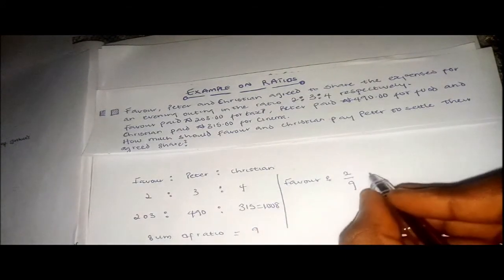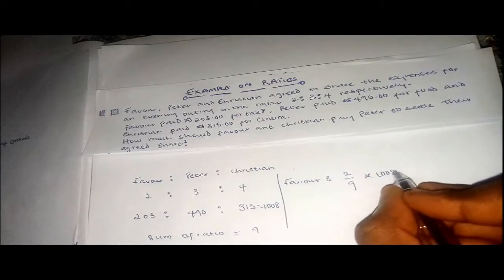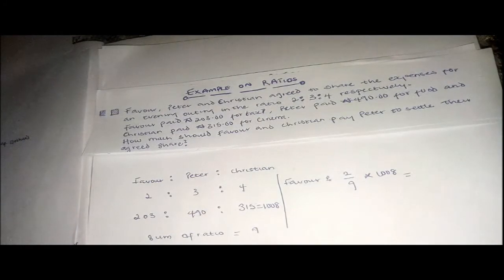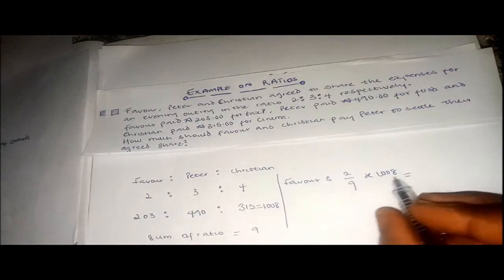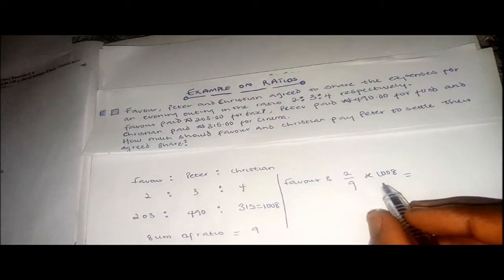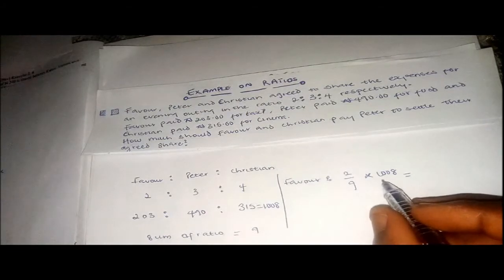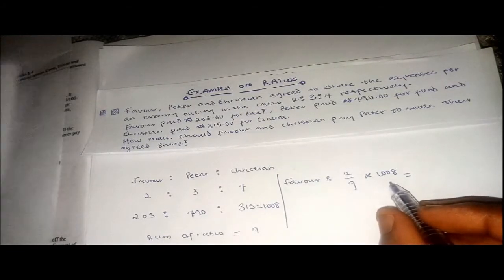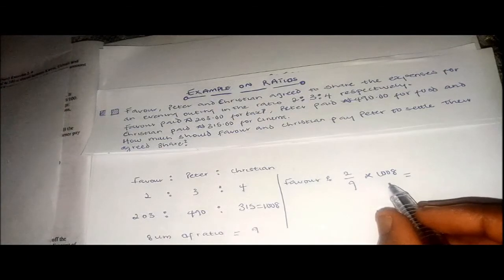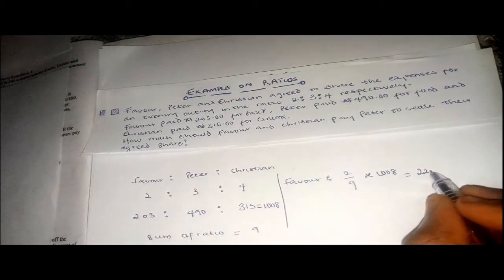So that will be multiplied by that. So here we'll be getting 2 over 9 times 1008. That will be 224. So that is for Favor.